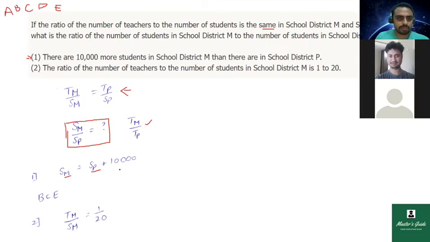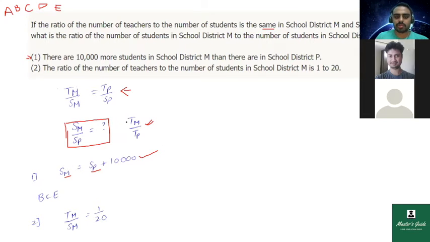In no way can I determine the ratio of TM by TP using this information, because I can assume any number of values and the ratio keeps on changing. I cannot get a unique value.